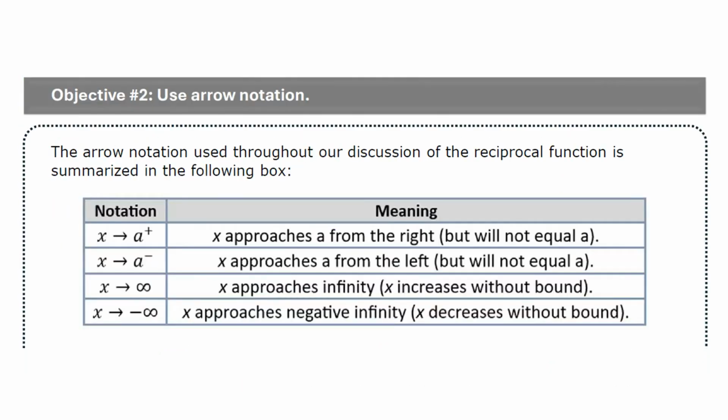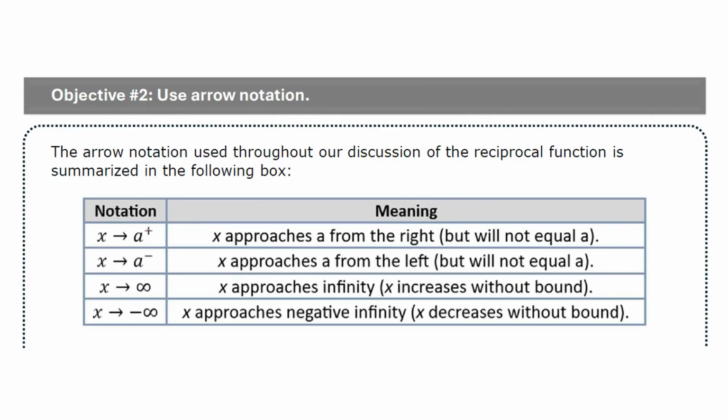All right, objective 2. The arrow notation used throughout our discussion of reciprocal functions is summarized in the following box. We've seen this before, but just to give it some context: x approaches a with a plus sign means that x is approaching a from the right.